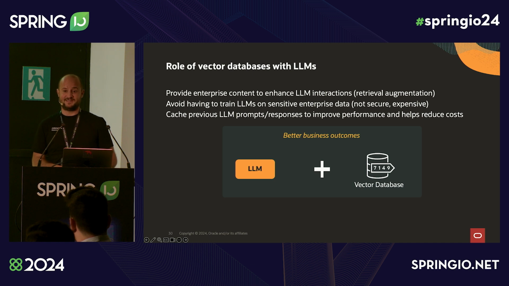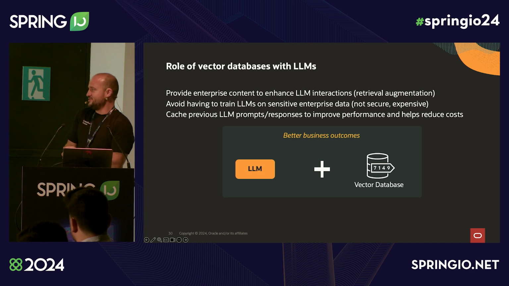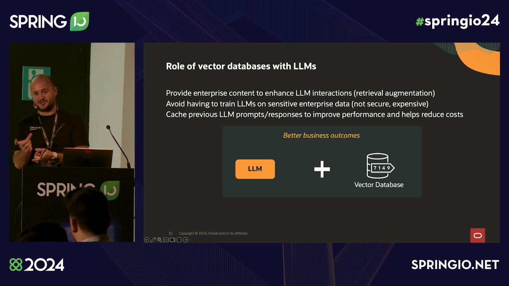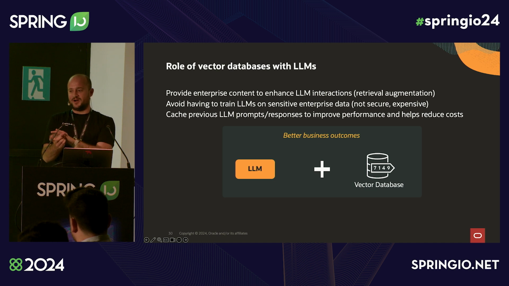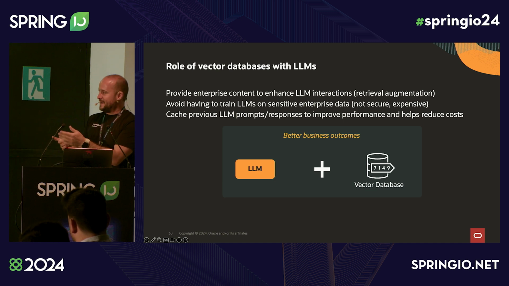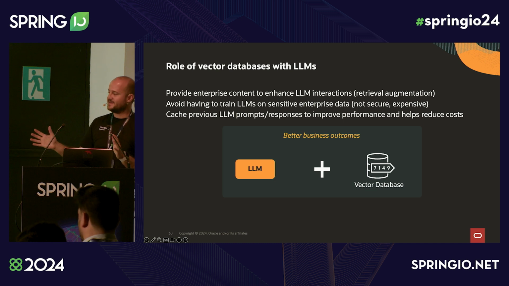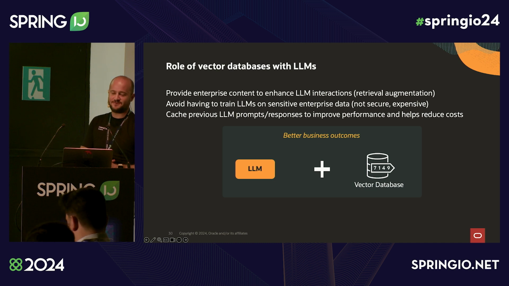Every time you change something on the data, you have to retrain the whole thing. So it's not secure, it's expensive, it's not nice. With vector search, it's just a column for specific tables that you have a little bit of control over. And then it will be simpler to make queries. So the trade-off with how expensive the other option would be is just that this one is better for business.